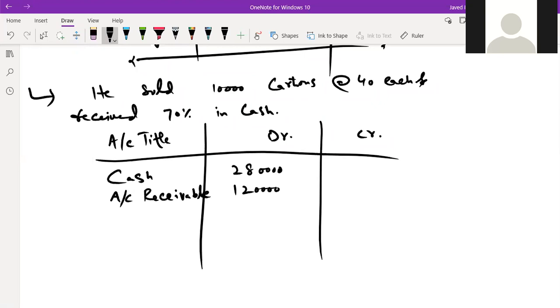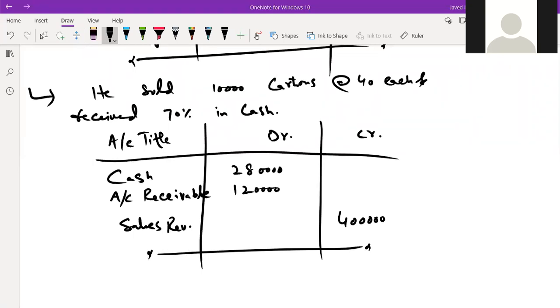And this is your sales revenue. So this should be credited by how much? 400,000. So this is your one transaction.